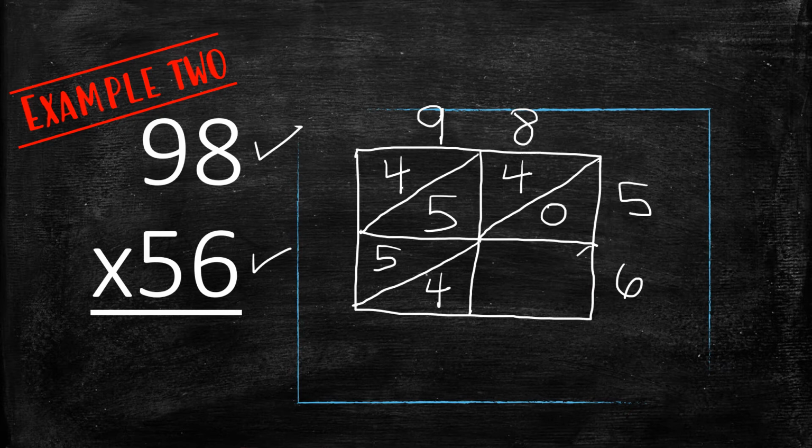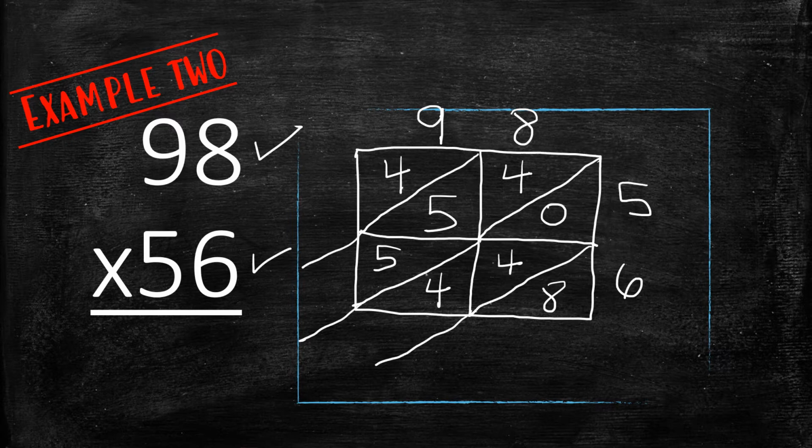As I draw my diagonal line, keep in mind we always want to make sure our numbers line up accordingly. So now that we filled up all of our boxes, we're going to continue that diagonal line, and I do this because it helps make the numbers make sense when we're trying to figure out the answer at the end.